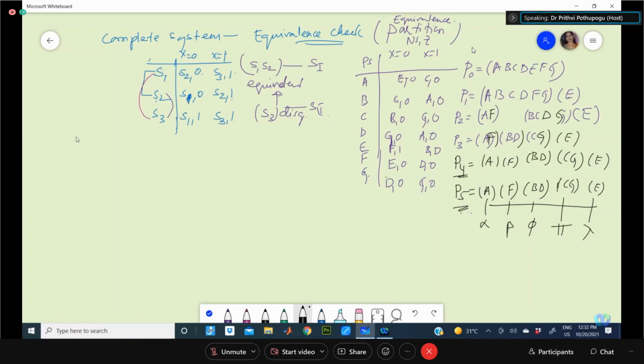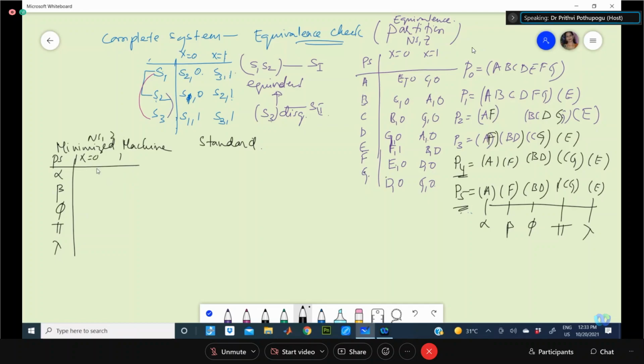This is a minimized machine, which ultimately transfers into a standard ABCD form. So this minimized machine: alpha, beta, pi, phi, or lambda. The present state x is 0 and 1. What is the next state?